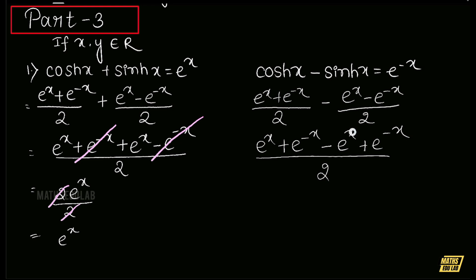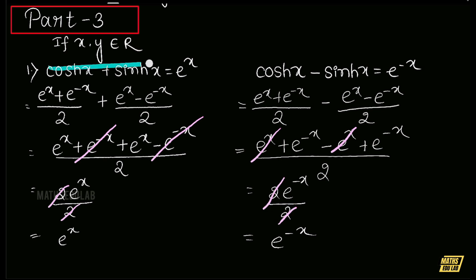So here minus e to the power of x will get cancelled out and the remaining one is 2 e to the power of minus x by 2, which is equal to e to the power of minus x. So these are the two important identities of hyperbolic function.